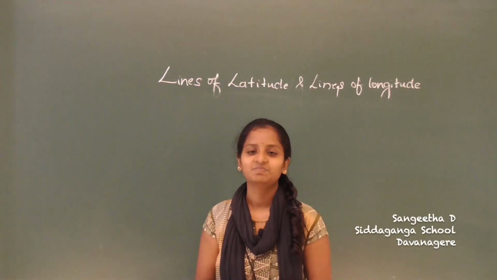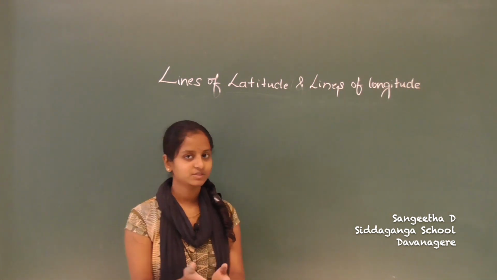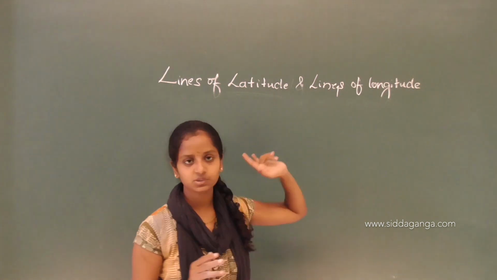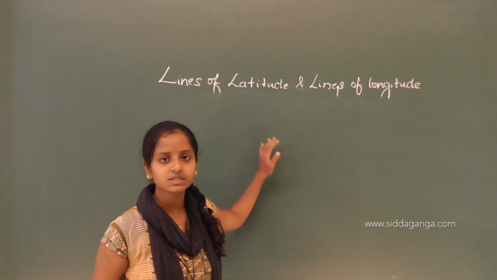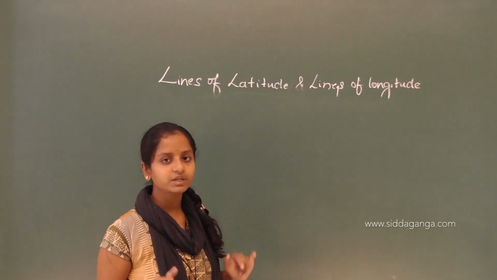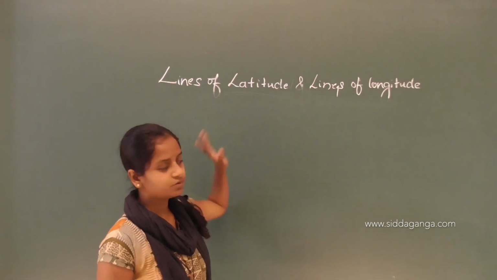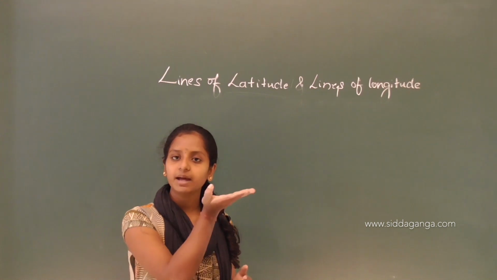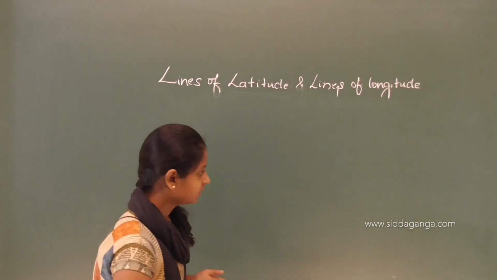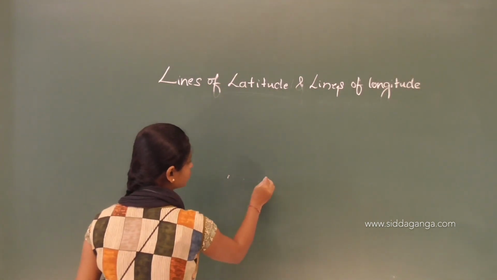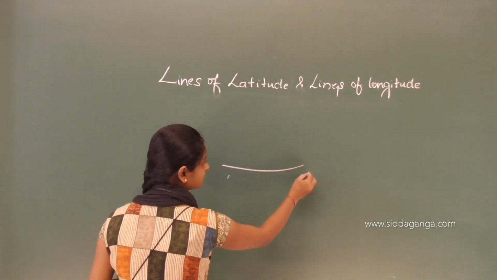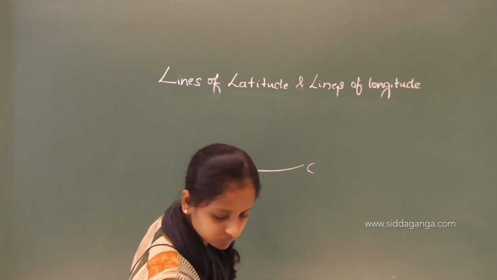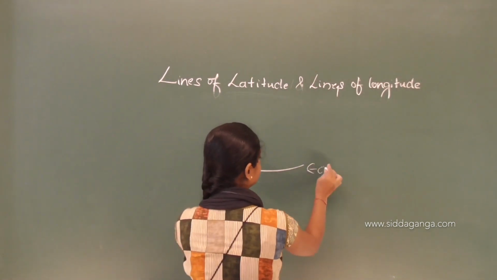Hi children, in the previous class we saw the lesson on lines of latitudes and lines of longitudes. In that, we saw about the lines of latitudes: the parallel imaginary lines, parallel to the equator.